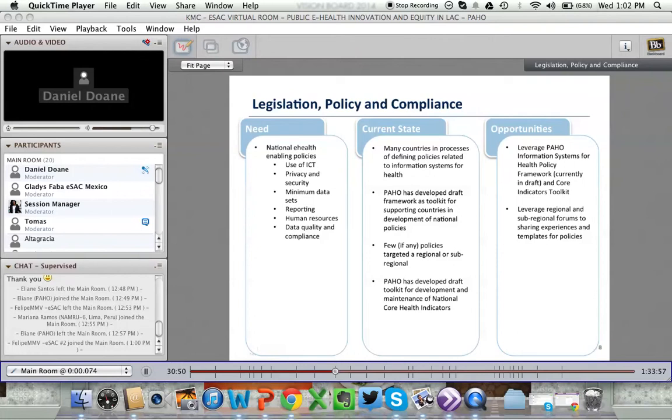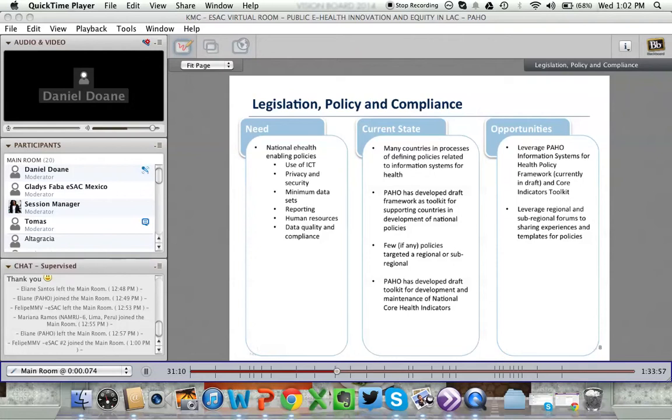From the perspective of legislation, policy, and compliance, these are really enabling policies that provide, again, the legal, or the regulatory, or the compliance framework in order for eHealth to be appropriately delivered as a program and as a service. Certainly, there are a huge range of specific policies that need to be in place.